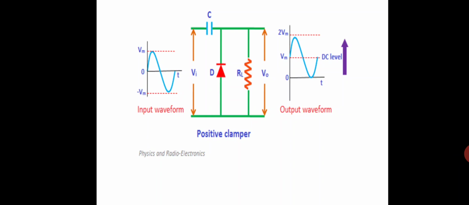A positive clamper circuit is biased with some positive reference voltage. The voltage will be added to the output to raise the clamped level. Using this, the circuit of the positive clamper with positive reference voltage is constructed when the diode is connected with a positive battery.